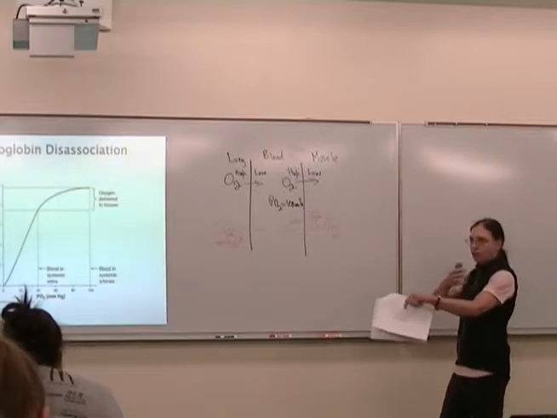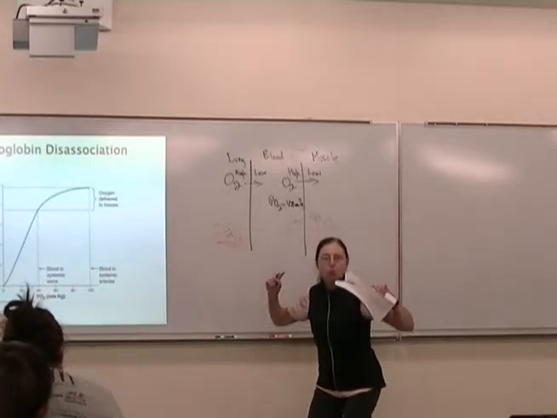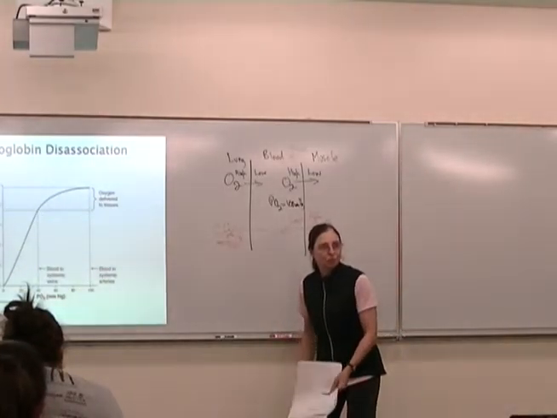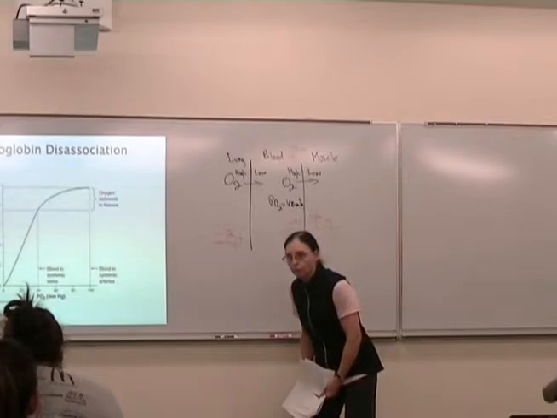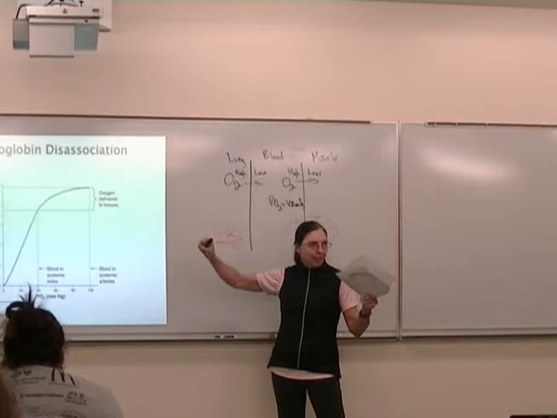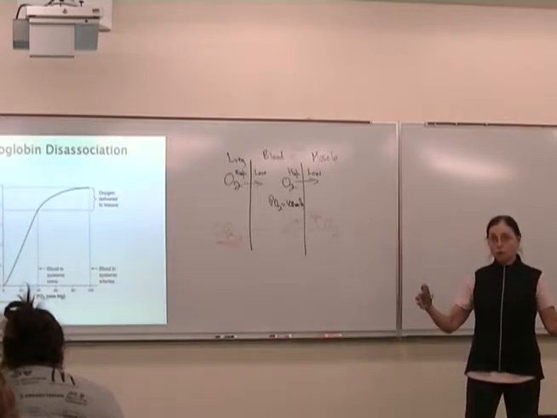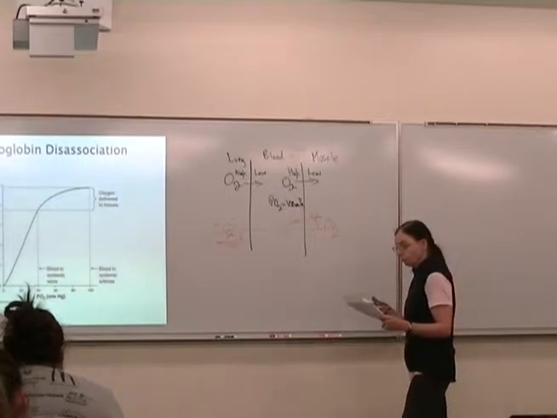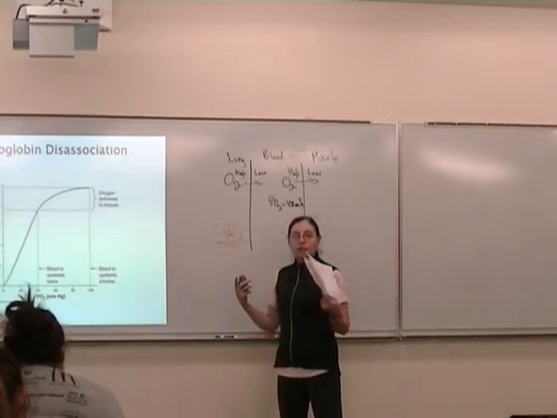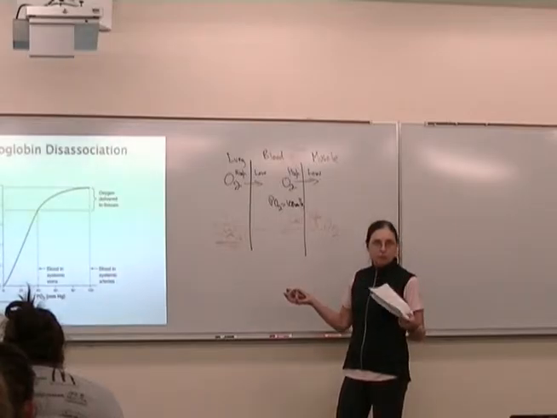Because there's no point in offloading a load of oxygen to my arm if I'm squatting. I would need to offload the oxygen to my quads. Right? So there has to be a mechanism there to make sure that we deliver the oxygen to the correct working muscle tissue. Right? Can I absorb it? Can I release it at the right bus stop?